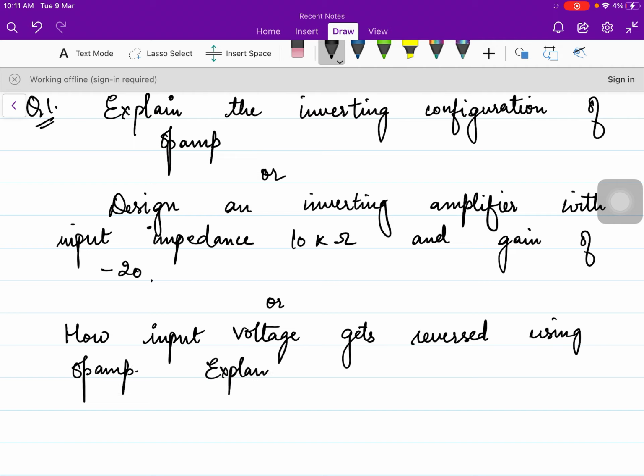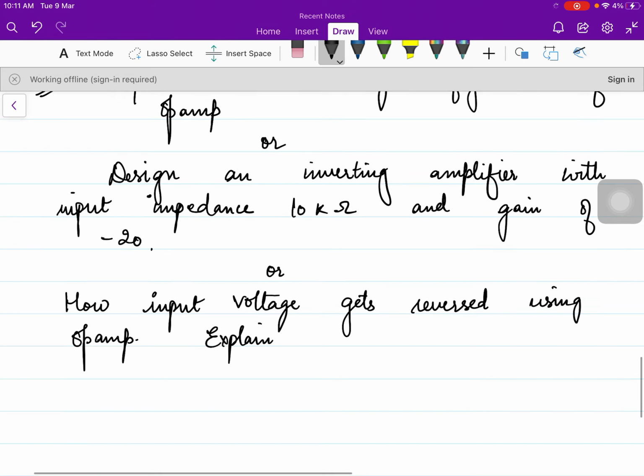So in that particular case also you have to explain the inverting operational amplifier. And whenever you are asked to explain the inverting operational amplifier, you just have to draw the circuit, derive the expression for the output voltage and gain. That's all. No theory is required.